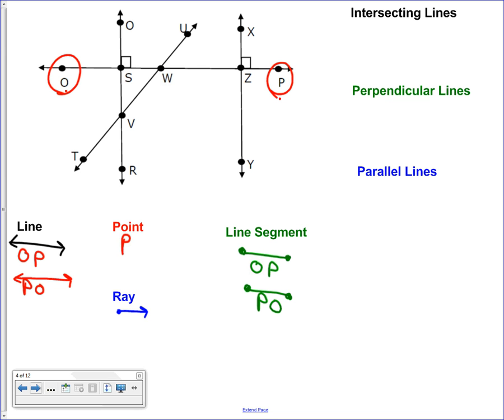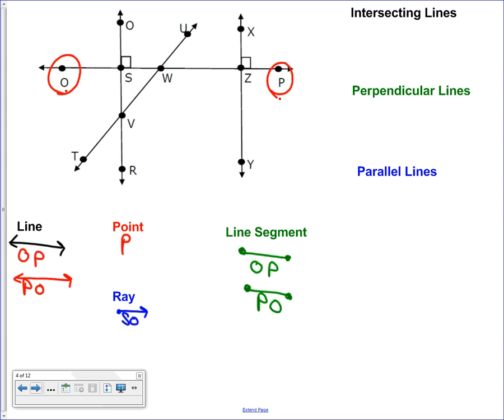So we could have the ray SO. Wow, I have 2 O's. Sorry, just realized that. Ray SO, or ray, well, we'll just use S and O. So we're going from S to O, and it just keeps going on and on and on. Okay, so that's our ray.